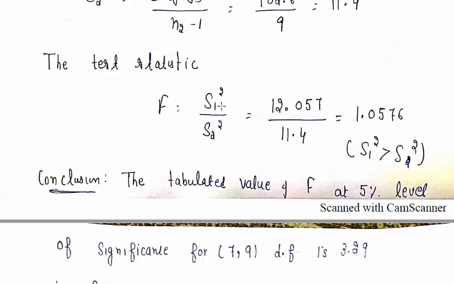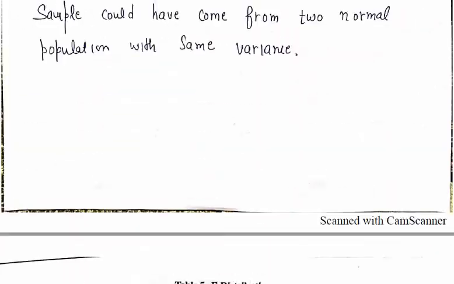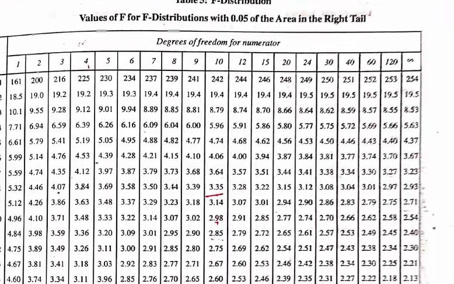Now we find the degrees of freedom. Since S1 square is greater than S2 square, the degrees of freedom are 7 and 9, that is N1 minus 1 and N2 minus 1. Now corresponding to this, we find the table value. The degrees of freedom are 7 from the numerator side and 9 from the denominator side.